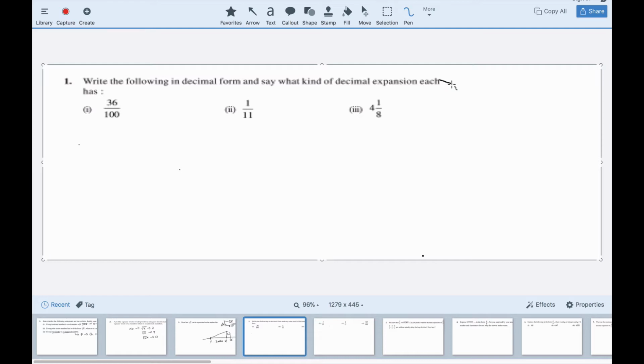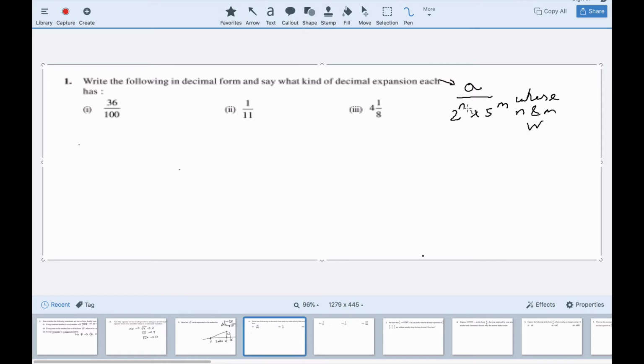Now we must remember one thing in this, that we've learned earlier, that if it is a terminating decimal expansion, it must be of the form a upon 2 raised to power n into 5 raised to power m, where n and m are whole numbers.